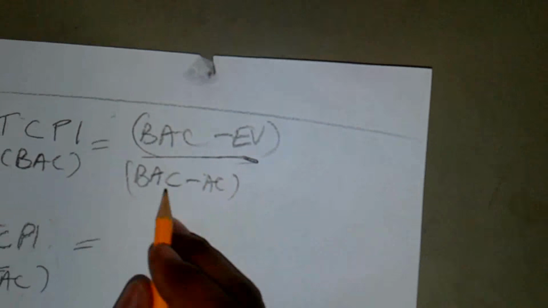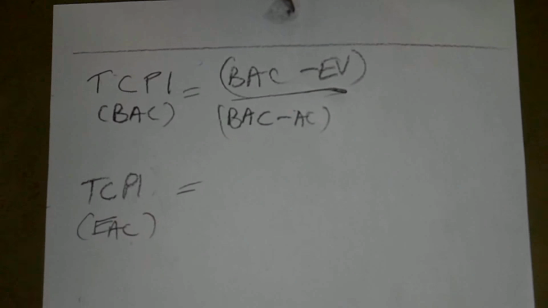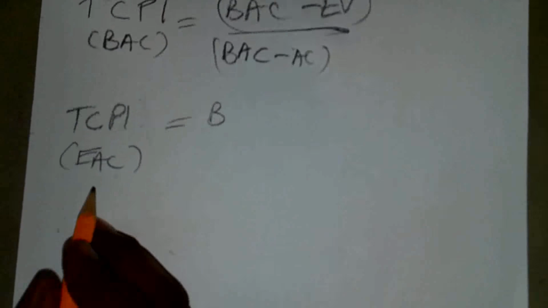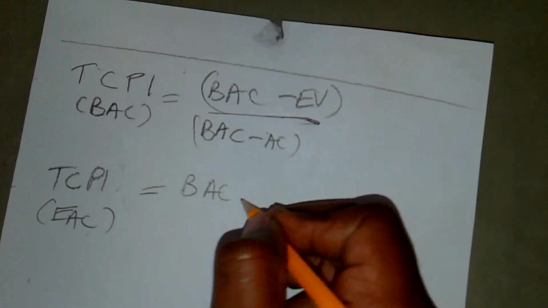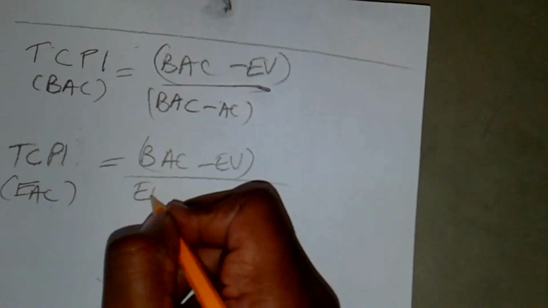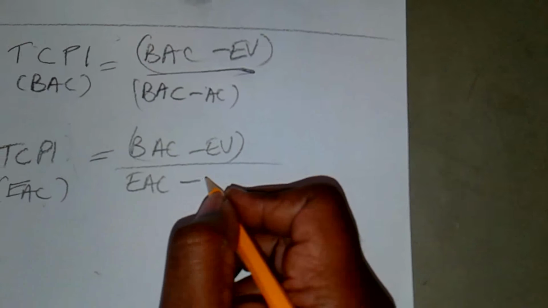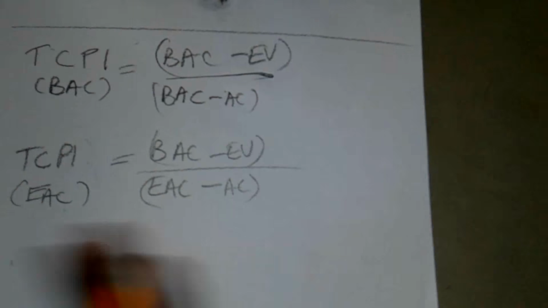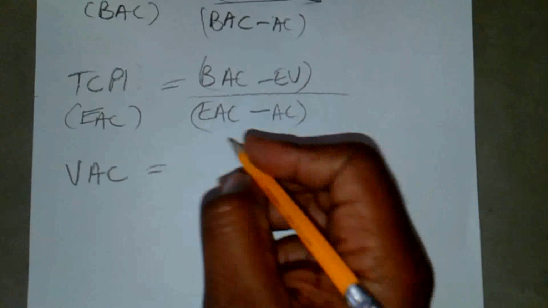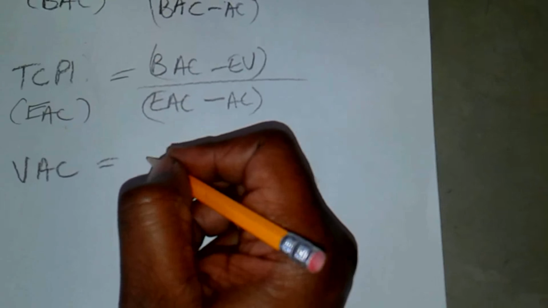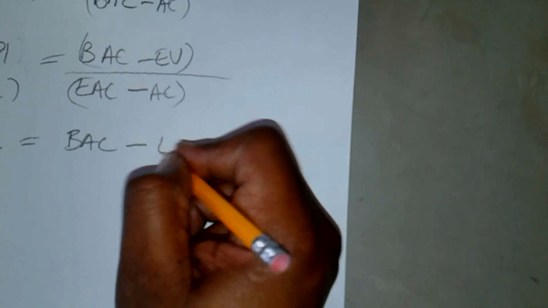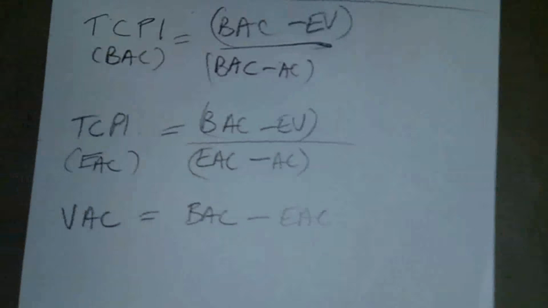So BAC minus EV divided by BAC minus AC. And then the other one is for EAC: BAC minus EV, same thing at the top, and the bottom is EAC minus AC. And we also have the variance at completion formula, which is budget at completion minus estimate at completion. Okay.